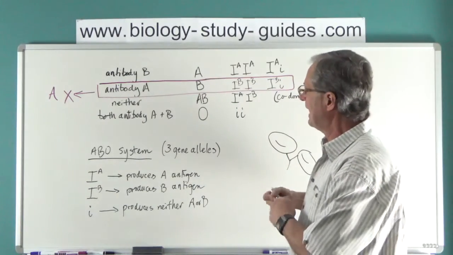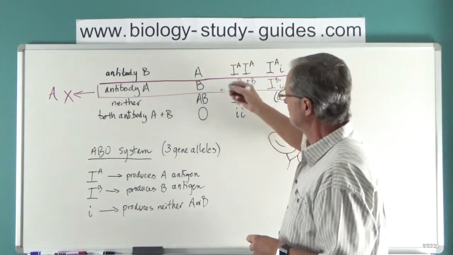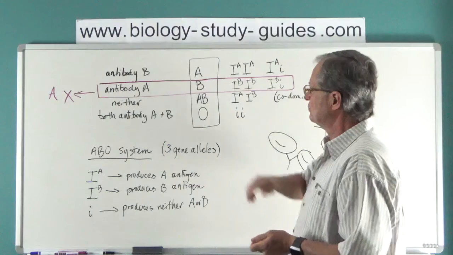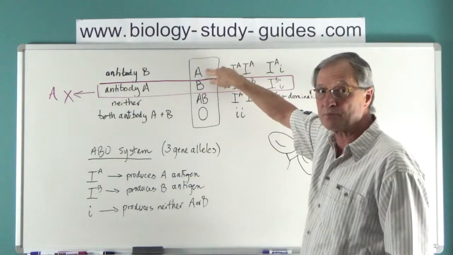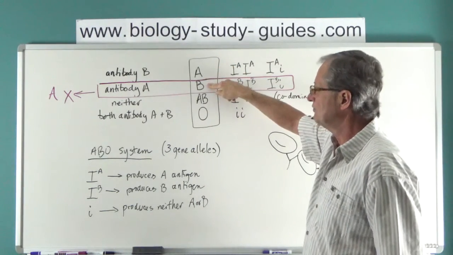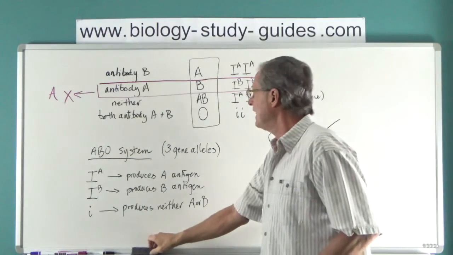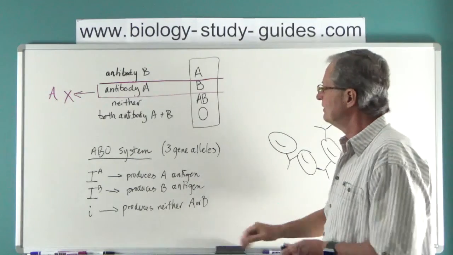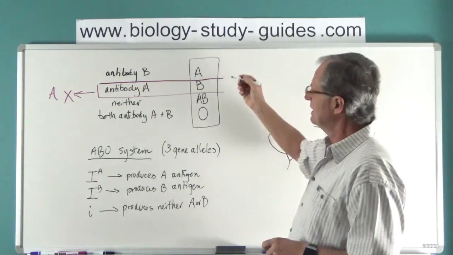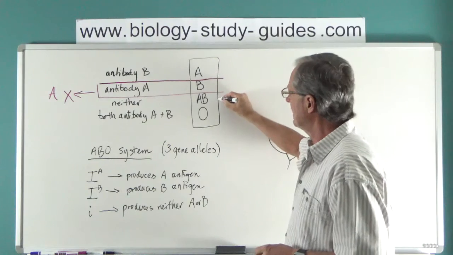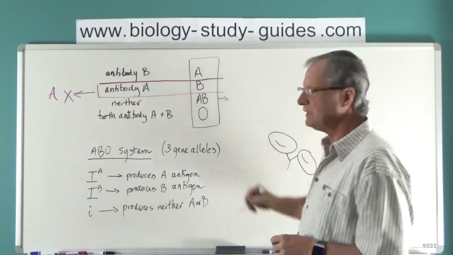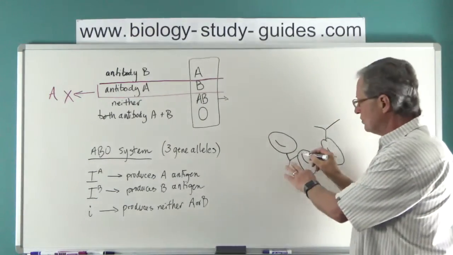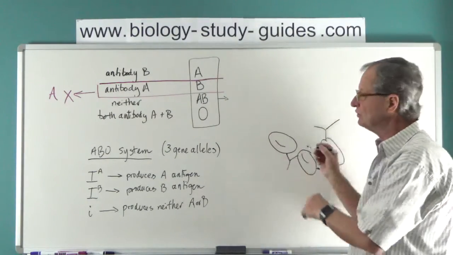So if we're looking at the phenotypes themselves now, a person with blood type A could always donate to another person with blood type A. B is compatible to itself, and AB to itself, and O to itself. But there's something else we have to recognize, that if we're going to donate blood, a person with neither antibody in their blood, that means there's no danger of this agglutination.